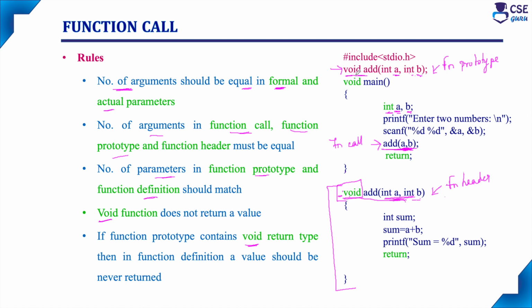If you have used void here, here also we should use void only. If you have used int here, here also you should use int only. So the return data type should also match. Suppose you declared void and are returning some value, that will raise an error. So these are all the rules we need to follow to implement function call.